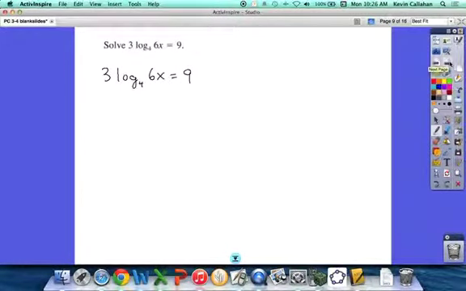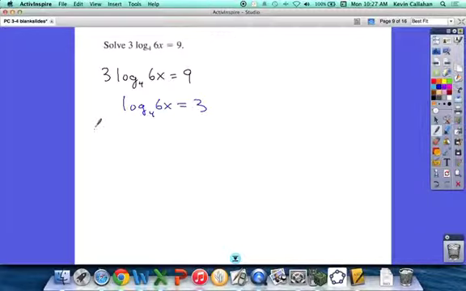Okay, how about this one? Isolate. Okay, we divide by 3. Okay, then what? Exponentiate.